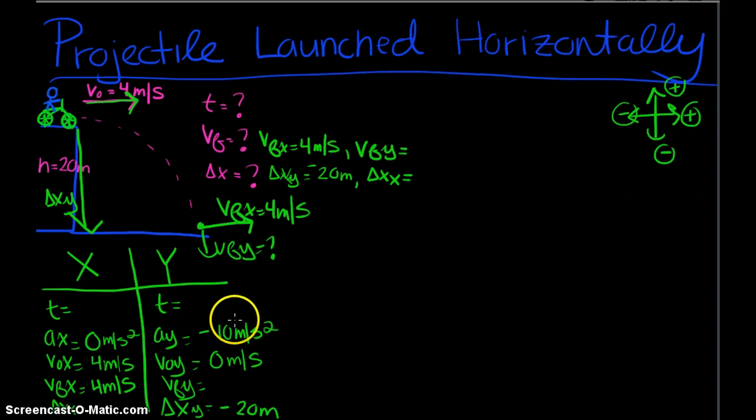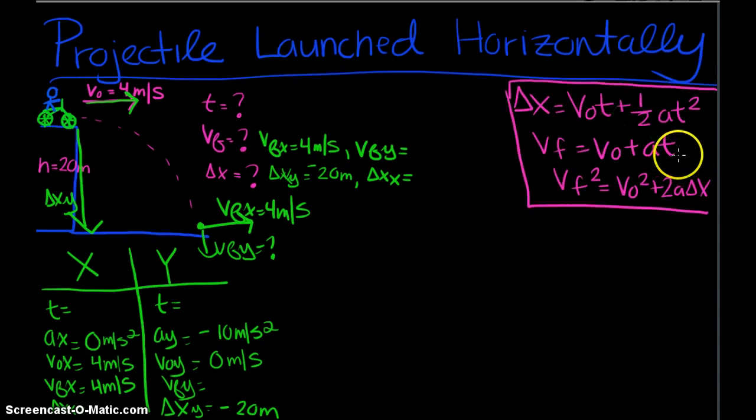In the y, we've got our acceleration and our delta x. So if we go shopping for some math models, let's see what we'd have. I've got my 3 kinematics equations to choose from up here in the corner. Looking at what I know, I think I would be able to analyze the y motion using the delta x equation and possibly come up with time.